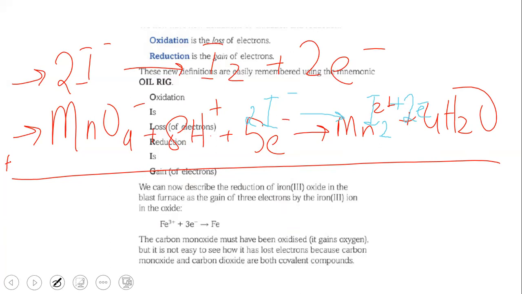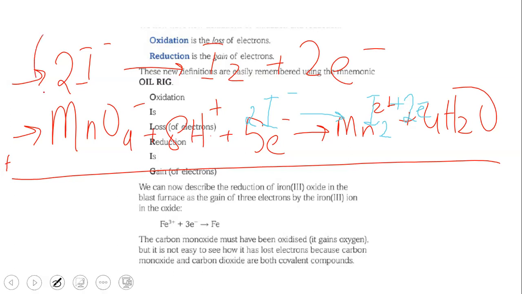You want to make sure that the equation at the top and the equation at the bottom have the same number of electrons. The top equation has 2 electrons. The bottom equation has 5 electrons. Can you think of a possible way that we can balance the electrons out?